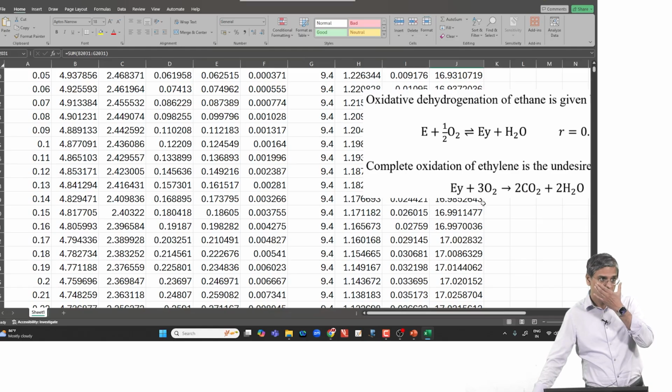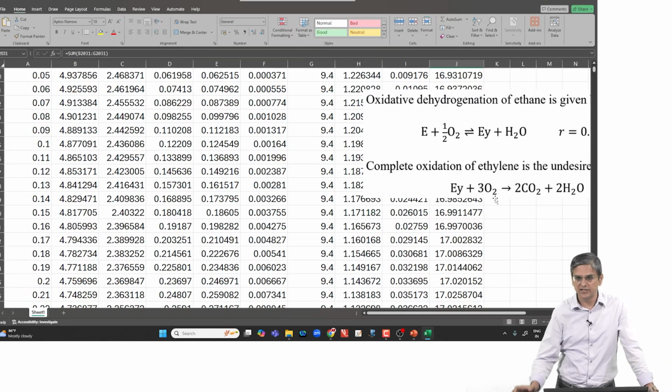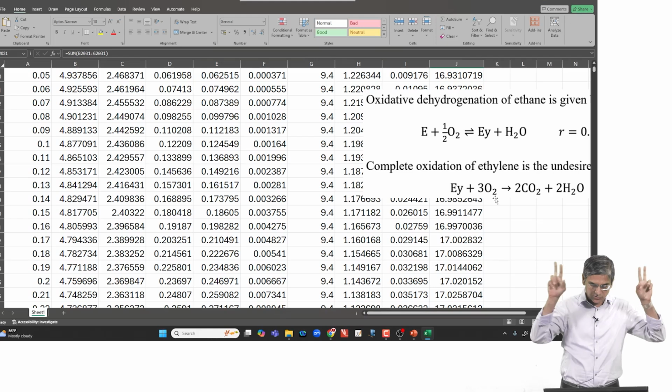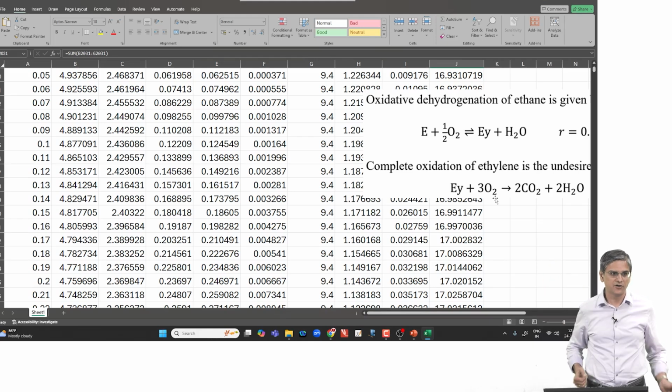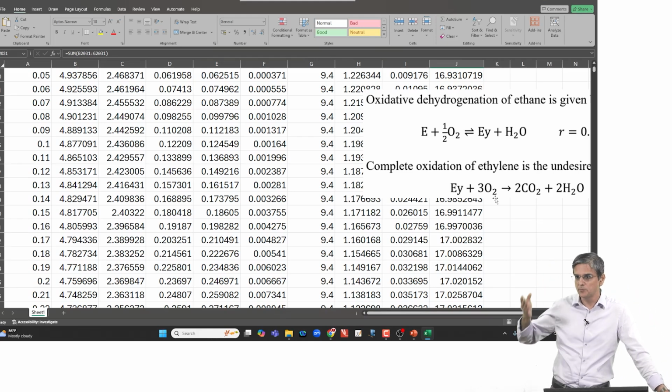So what we do in the lab is try to get catalysts which are either more active or more selective. If we get a very active catalyst, then we can use our engineering principles to have smaller reactors to stop the reaction at the optimal time.